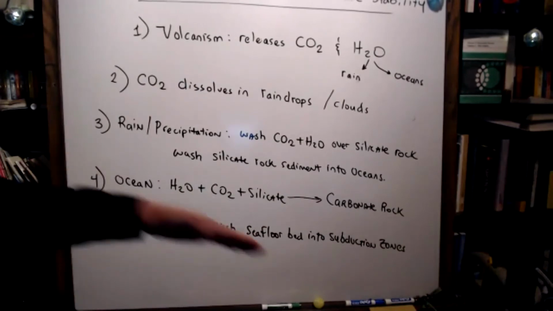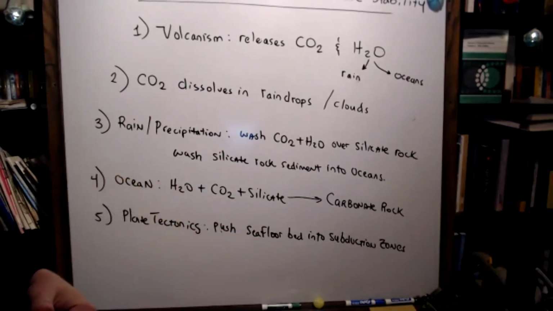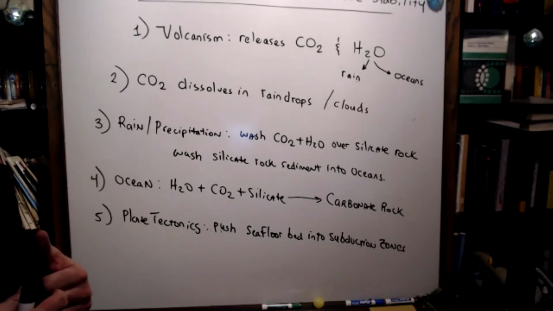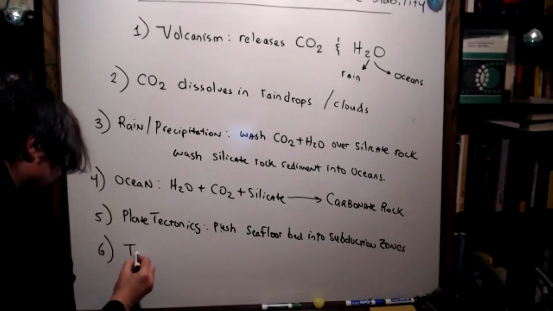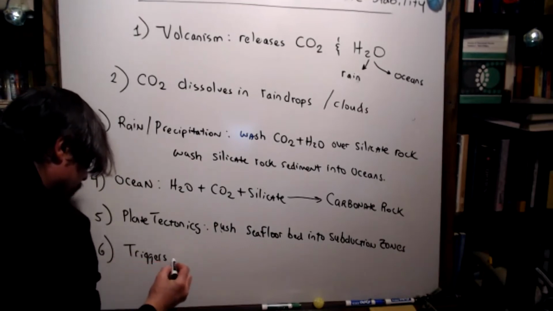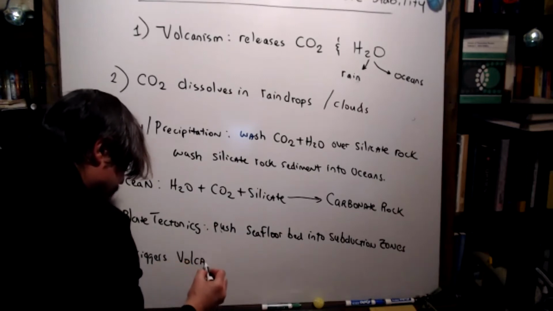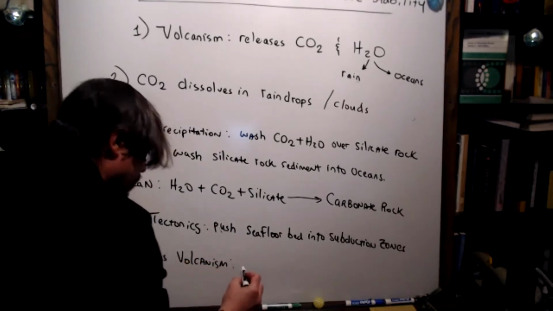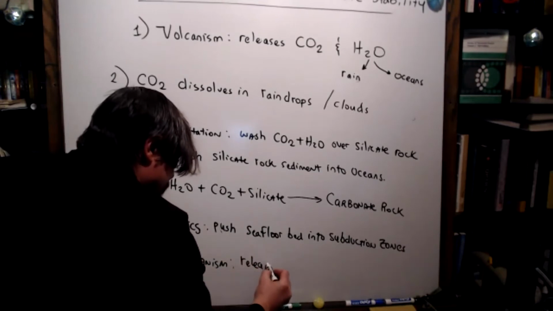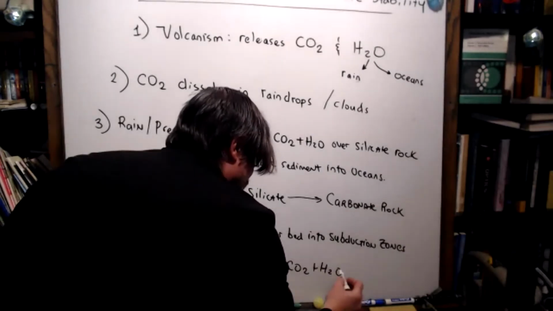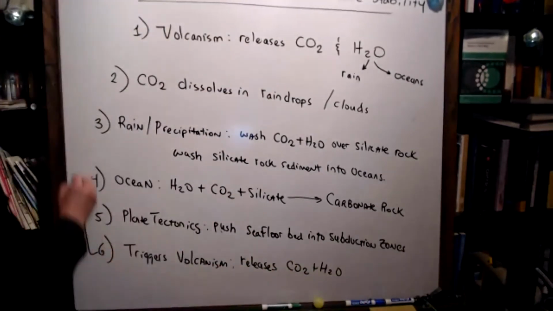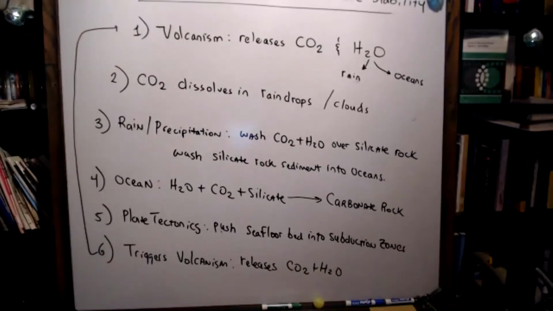What happens when you push Earth's seafloor crust underneath those continents? Triggers volcanism, says Joel. That's right. And so that triggers volcanism. The volcanism releases CO2 and H2O and some rock in the form of lava. And then you start the whole thing all over again.